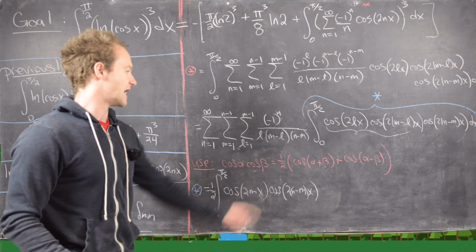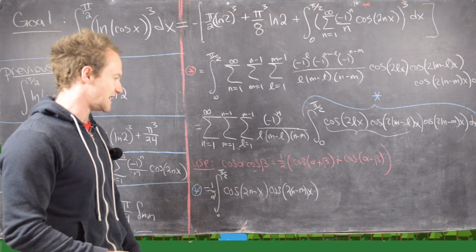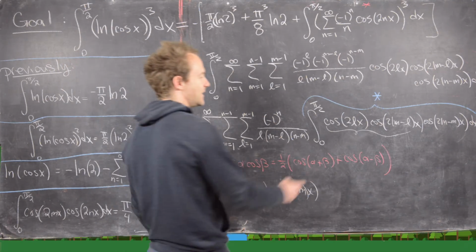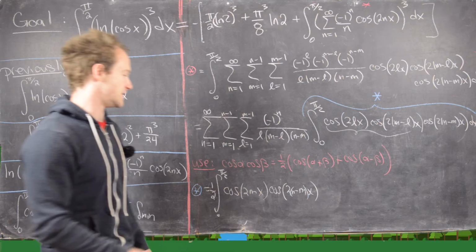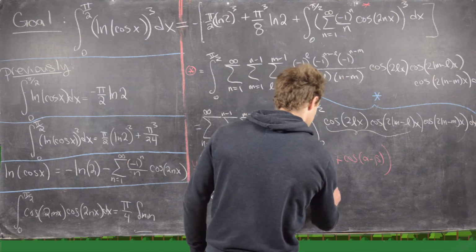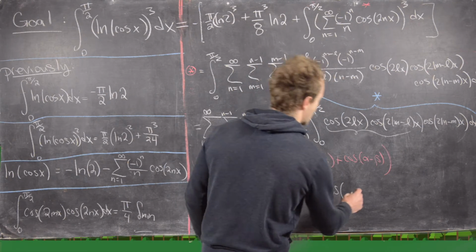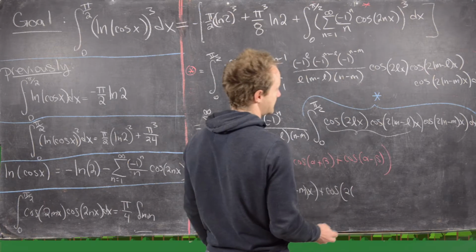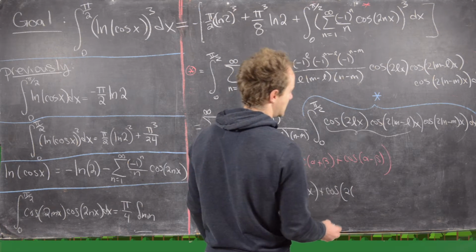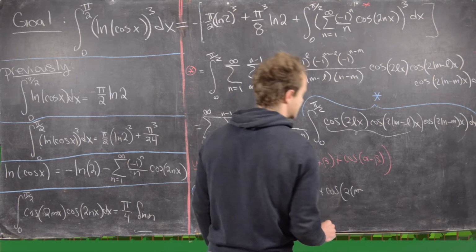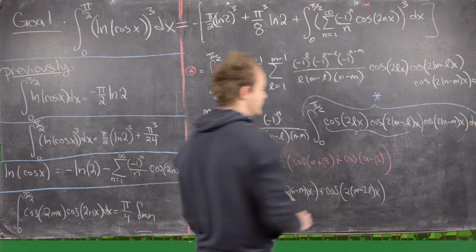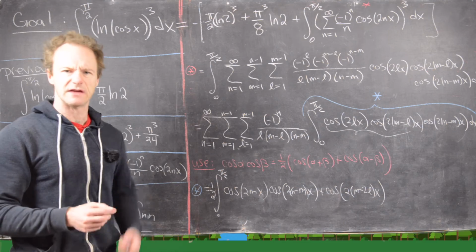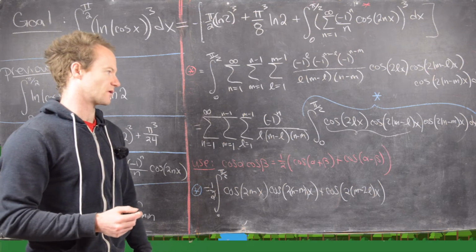Great. And then I have cosine of alpha minus beta. So let's see, alpha minus beta in this case is going to give me plus cosine of 2 times m minus 2l x, where I've used the fact that cosine is an even function to switch the order like that.